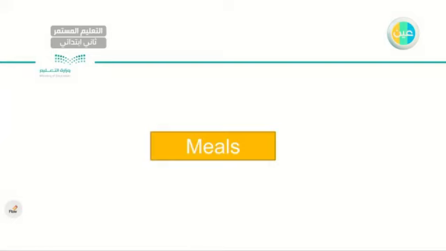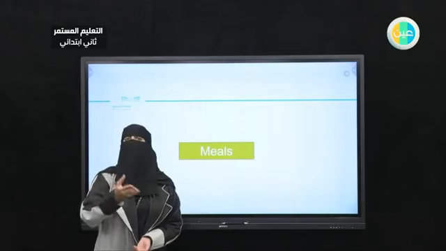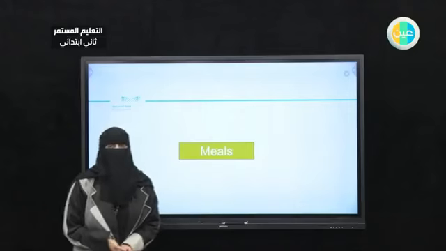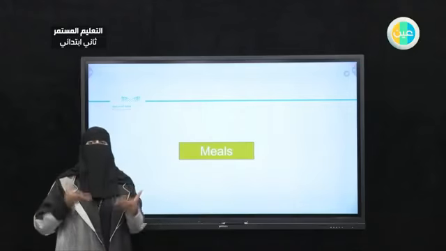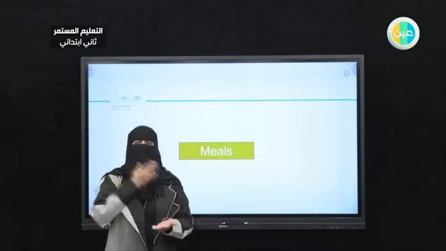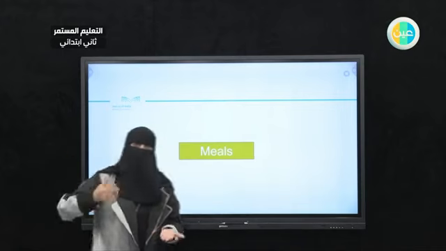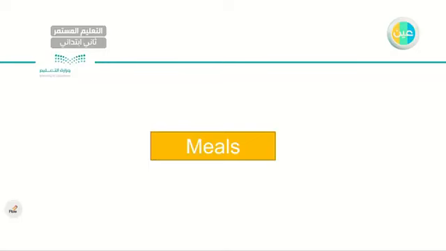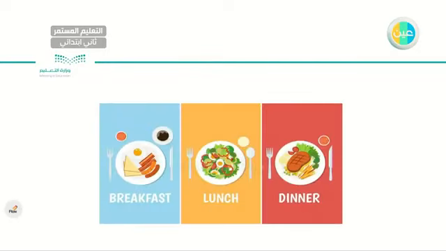Now, so we introduce kinds of food like yogurt, eggs, bread, jam, honey, dates, and coffee. Let's talk about the meals. How many meals are we supposed to eat every day? Or what are the meals that we eat every day? Normally people eat three meals, okay? As you can see, we have breakfast, lunch, and dinner.